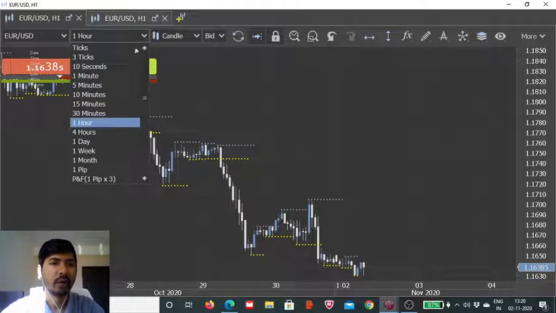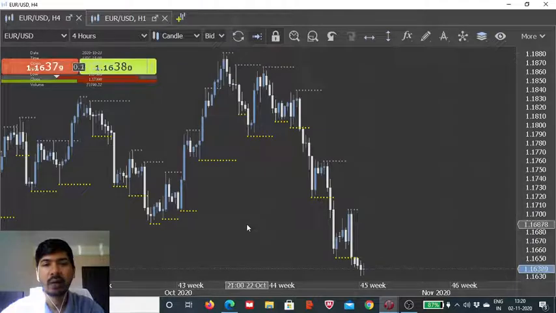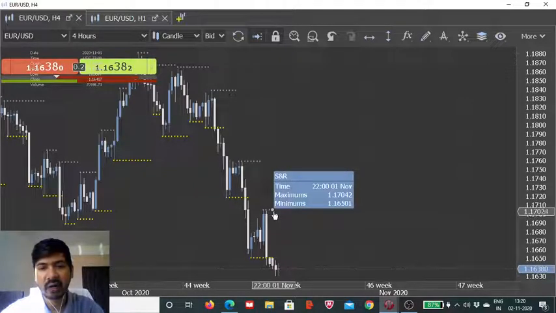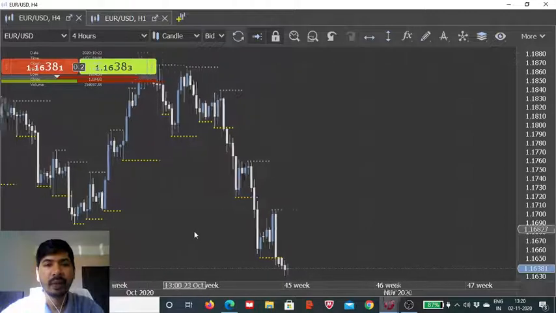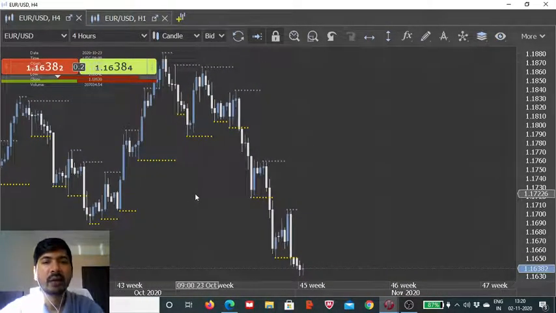Similarly, we can also increase it to say 4 hour, daily, weekly, monthly. So all those parameters are fine. Now these support resistance levels are being defined for the 4 hourly setup. You can customize your entry and exits accordingly.